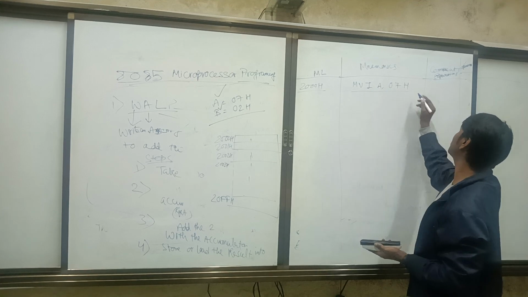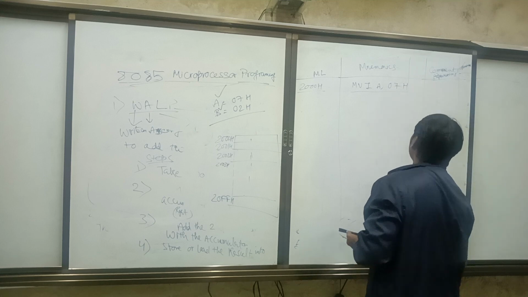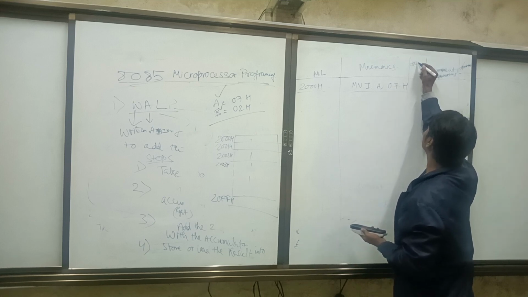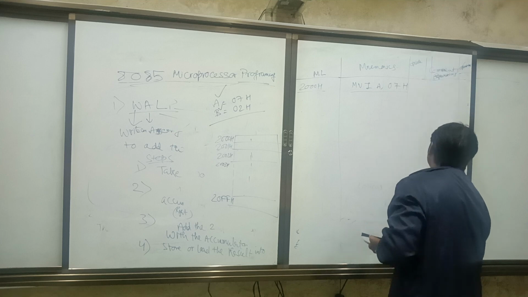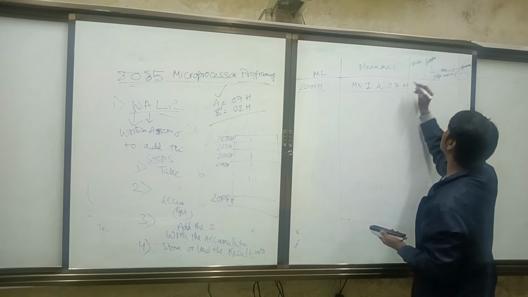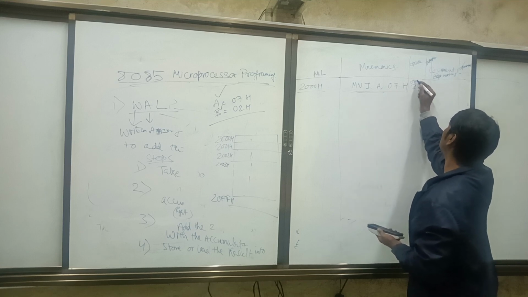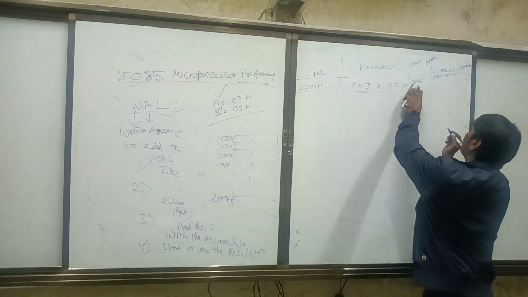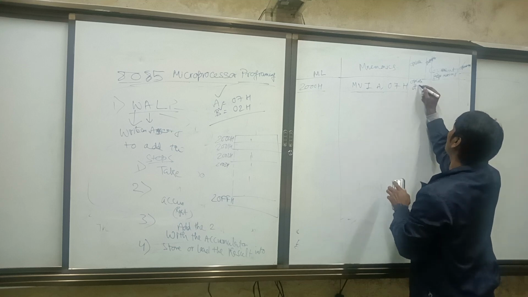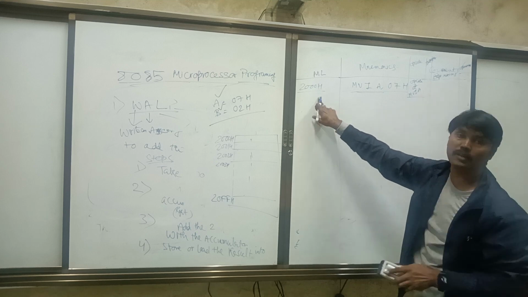The first byte is the opcode. So the opcode of MVI A will be loaded in this 2000 location.